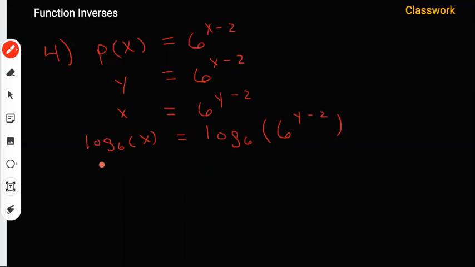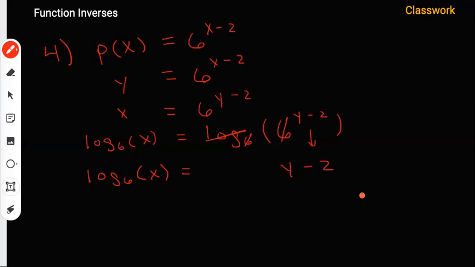So what that does is it doesn't really do anything on the left side. I can't really cancel out anything. But on the right side, the base of the logarithm and the base of the exponential expression cancel each other out. And the log is going to cancel out with the exponential base of 6. And then I'm only left with the exponent, the Y minus 2. That comes down. Okay. So now I have Y minus 2.